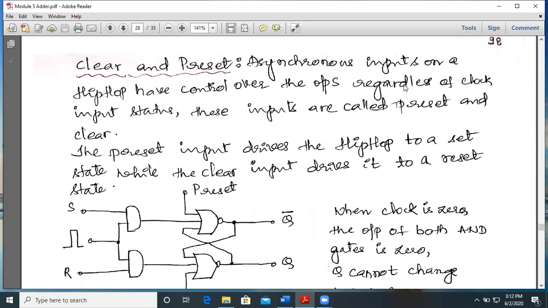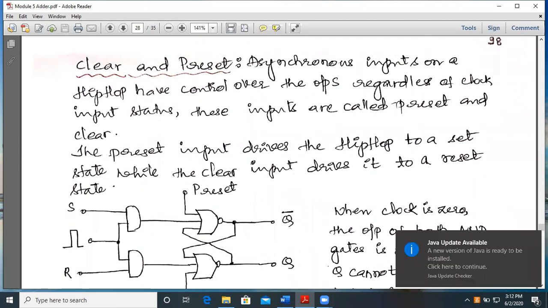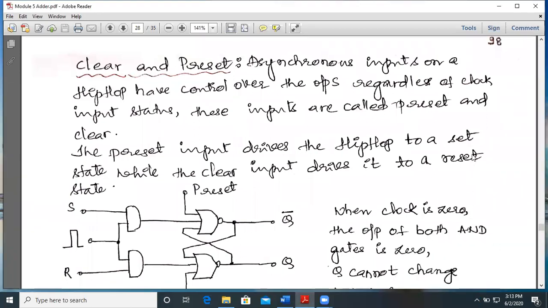Here we are going to discuss two more inputs that are given to the flip-flops, which are called preset and clear. We have already discussed synchronous inputs. Synchronous inputs are those which change the output according to the input when the clock is active.